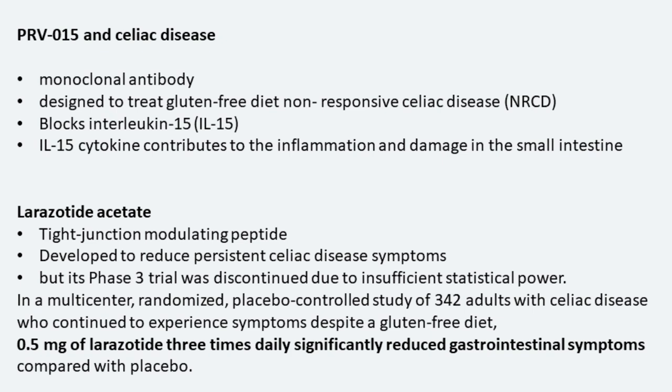Larazotide is a tight junction modulating peptide. It reduces the persistent celiac disease symptoms. It was found very excellent in phase 2 trials in 342 adults who continued to experience symptoms despite a gluten-free diet. And it decreased the symptoms, but in a phase 3 trial, because of financial cost, it was discontinued.